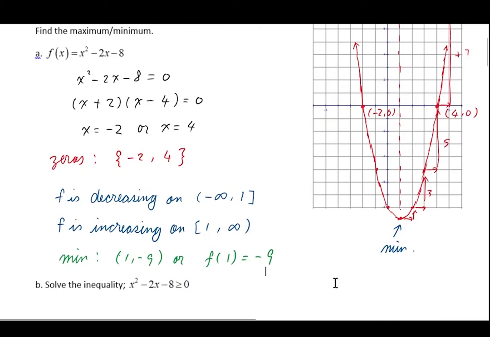Okay, now then part B, we have to solve this inequality. Notice this part right here is exactly the same as our function, and we're going to use this graph to solve this inequality. So the question becomes, for what x value is my y, f of x here, my y coordinate positive?